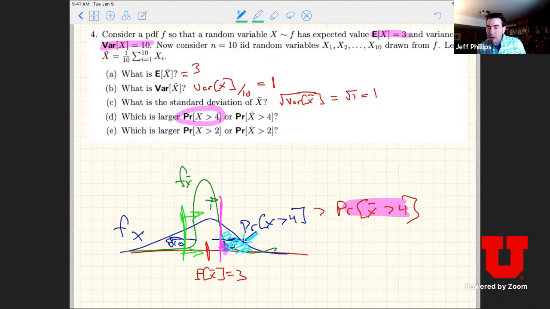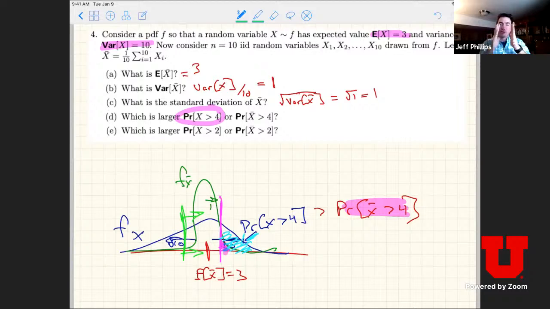Oh, how do you come up with the heights for f of x and x bar? Well, I don't know what the exact heights are, but I know that x bar is more concentrated. These are both random variables. They're both probability distributions. So they both have to integrate to 1, but x bar needs to be skinnier, right? The standard deviation is smaller. That's what I know from the central limit theorem.